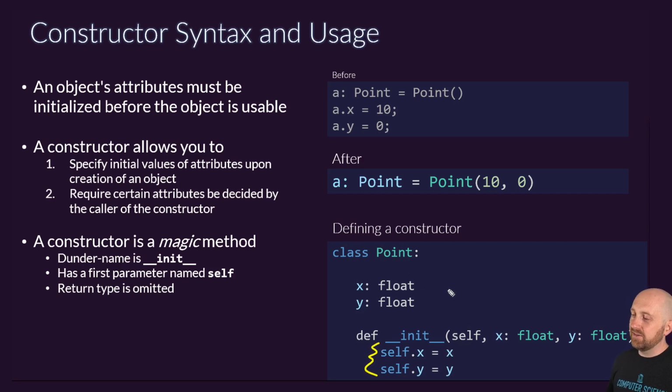You'll notice that in the body of this constructor definition, it sure looks like we're using the word self to mean a reference to a point object because we're saying self.x is assigned x, which is our parameter value that we're seeing here, and self.y is assigned y, which is our other parameter value. So sure enough, we can kind of, through intuition, resolve this idea that self must be a reference to a point object.